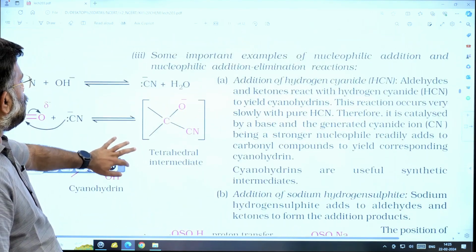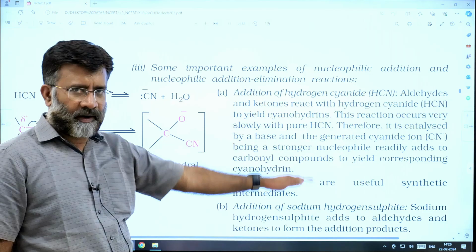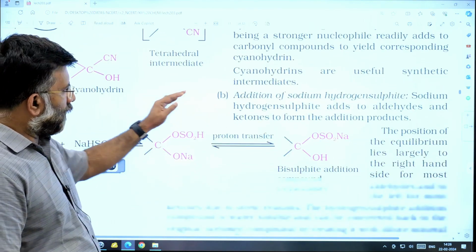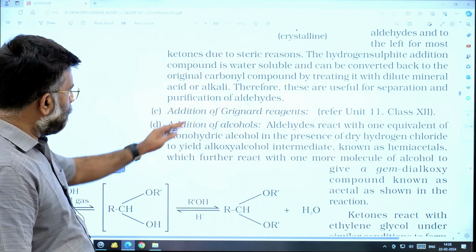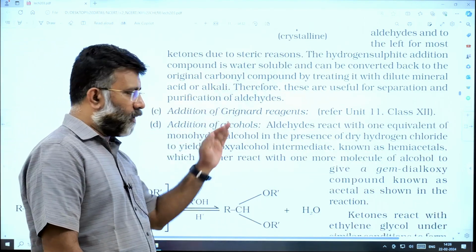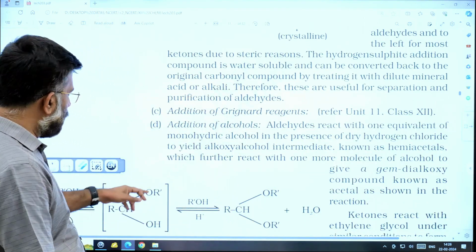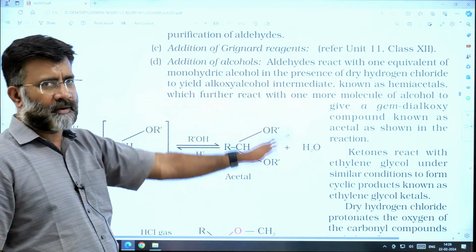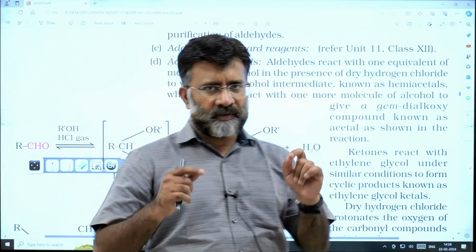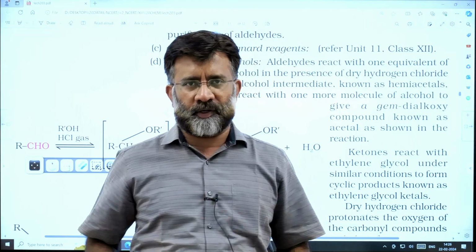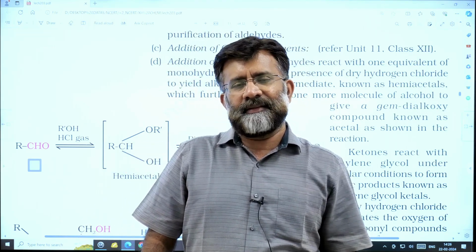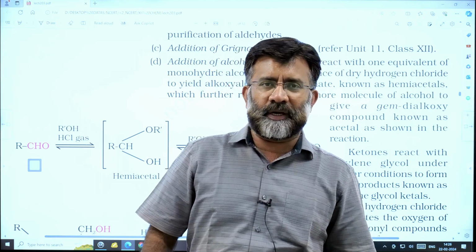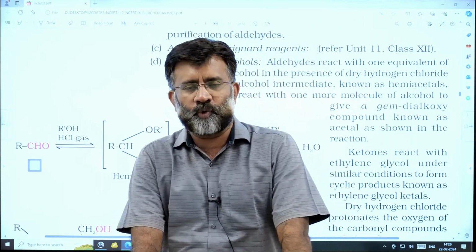So reaction number 1, HCN addition. Reaction number 2, addition with the sodium hydrogen sulfide. Reaction number 3, addition of Grignard reagent, already dealt in the previous chapter, and here addition of alcohols. Remember, the reaction is driven in the forward direction by dry HCl gas, and the reaction reverts in dilute HCl solution.